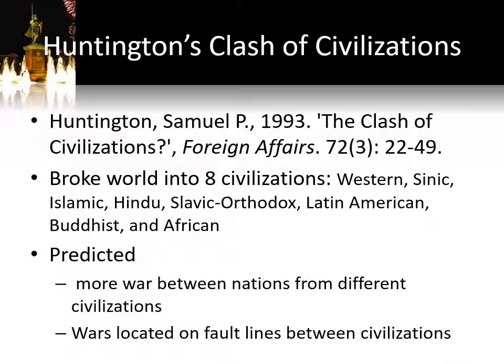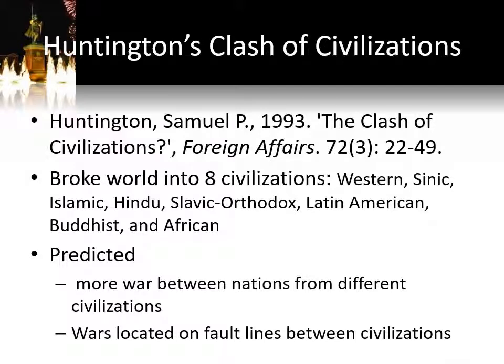Differences between civilizations are going to make people fight one another, and he predicted that there would be more war between nations from different civilizations, right? So that difference is the cause of fighting, and wars were likely to be concentrated along the fault lines. We talked about the tectonic plates, and just like earthquakes occur where they rub against one another, so wars were going to occur. And that was his main prediction.